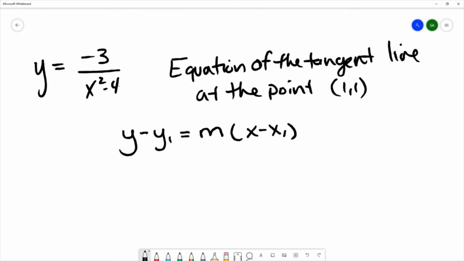And m stands for the slope of the line. And then we have an ordered pair that is on that line, x1, y1. So that is a point on the line.